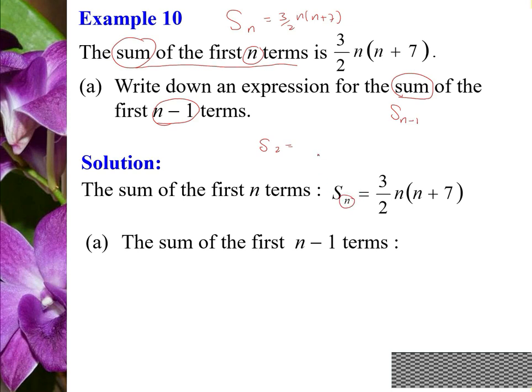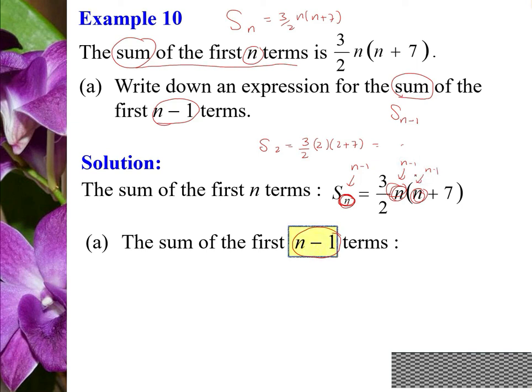But the question wants us to find the sum of the first n minus 1 terms. That means at this n, instead of n, we just substitute in n minus 1.